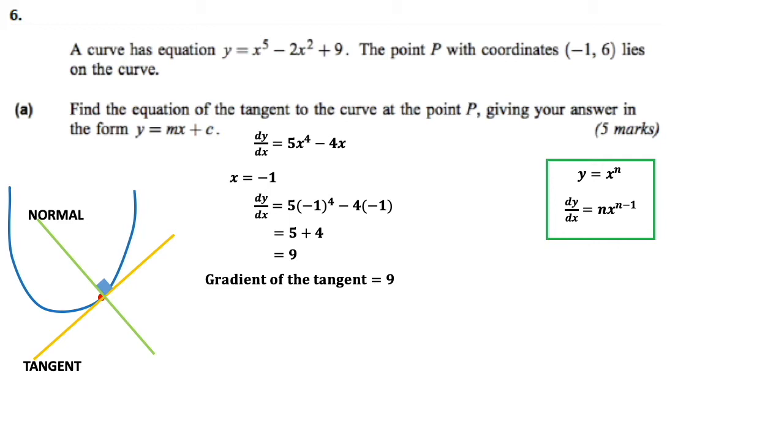So we now have 9 for the gradient of the tangent, and we have our point (-1, 6). Those are the two important things that will help you work out an equation of a straight line.